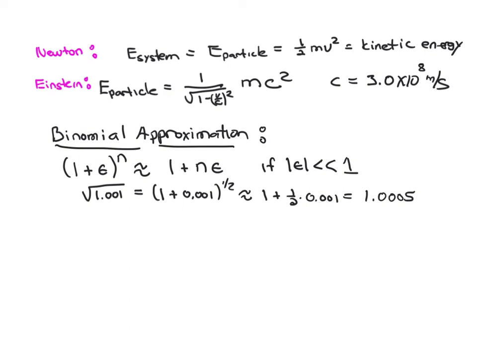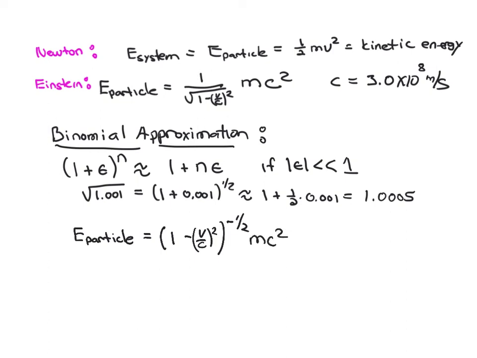Okay, so now let's look at Einstein's expression for the energy of a particle of mass m. Einstein says that this is, I'm just going to rewrite it slightly. I'm going to write this as 1 minus (v over c) squared to the minus 1/2 power times mc squared.